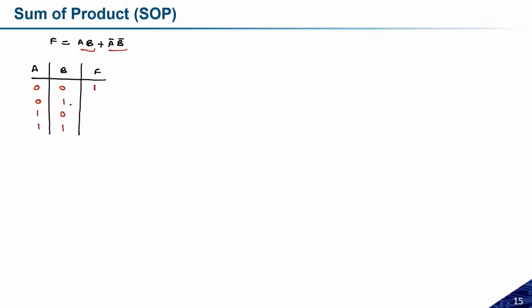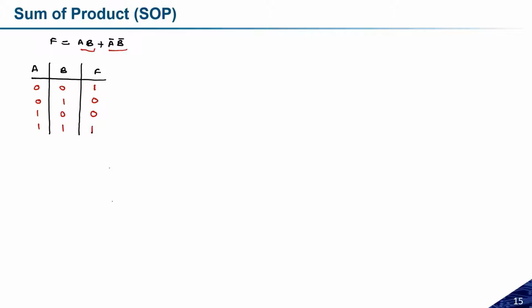What about the second one? 0. What about third? 0. What about fourth? 1. Okay, so we are getting something like this, and this is simply the expression of the XOR gate, right?